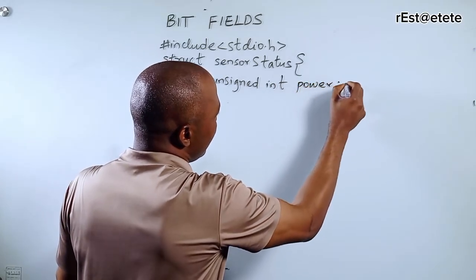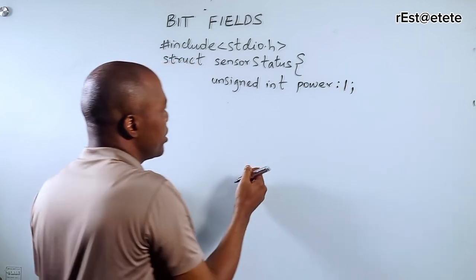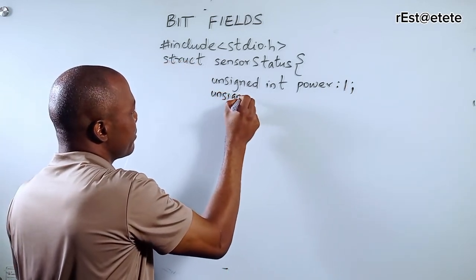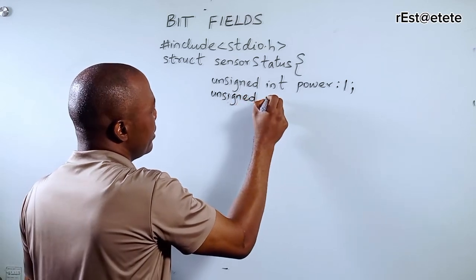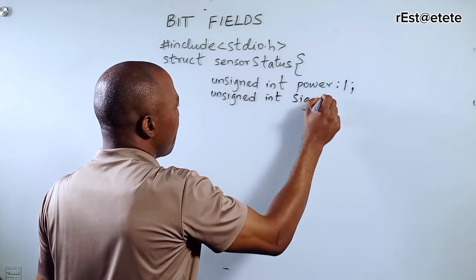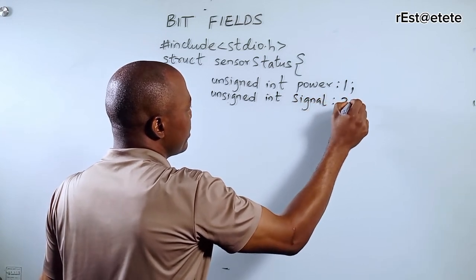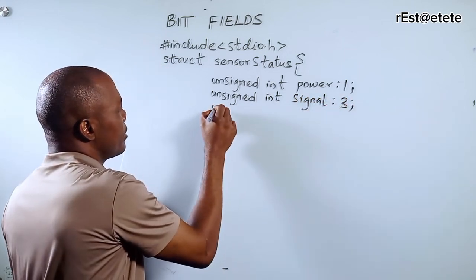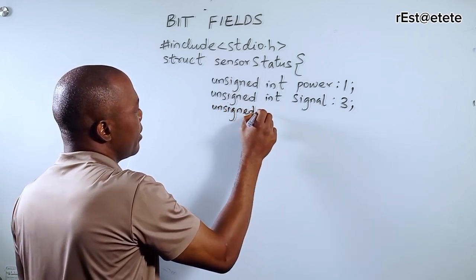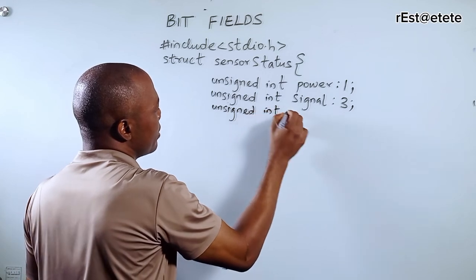Now this power, I'm just giving 1 bit. I need just 1 bit. Then unsigned int signal. I need 3 bits for it. Unsigned int mode.